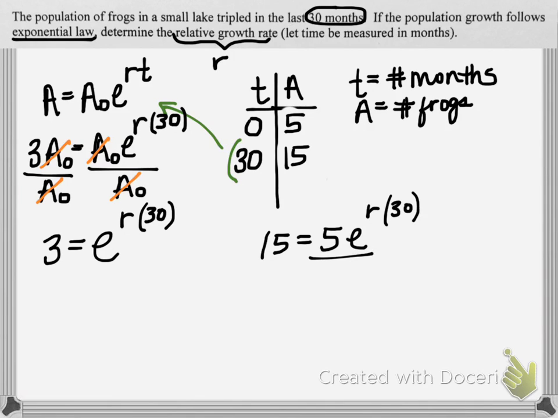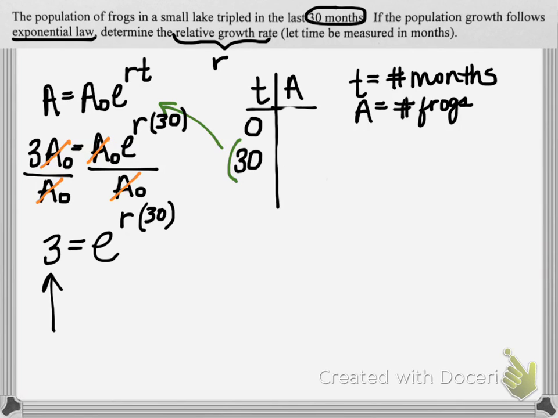And your first step would have been to divide both sides by 5. My point being, you would still get 3 is equal to E raised to the R times 30. So it doesn't actually matter how many frogs you are beginning with. You don't have to know that information. We're still going to be able to solve for R because if the population triples, then you're always going to be left with a 3 on the left-hand side.